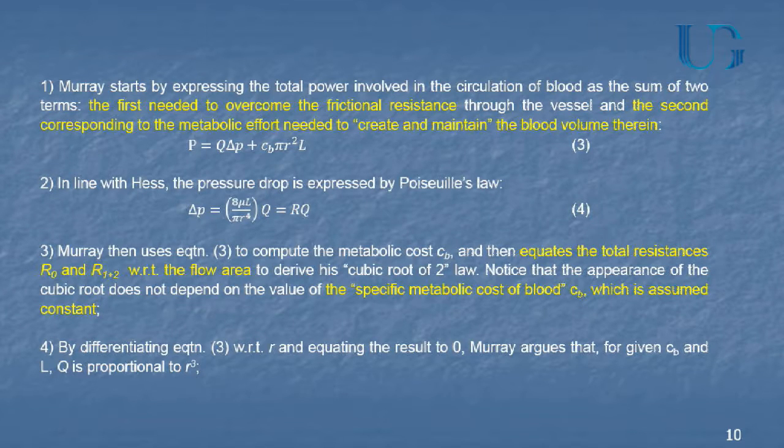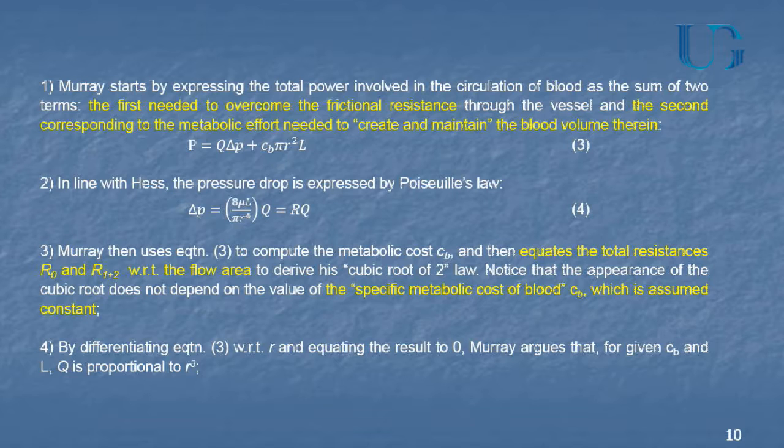But he says this cost of blood is relatively constant, not too much different. These values are not too much different. So he maintains that his method is correct. But this is something that you have to keep in mind. Okay, so both Hess and Murray derived this ratio of 1 over the cubic root of 2.